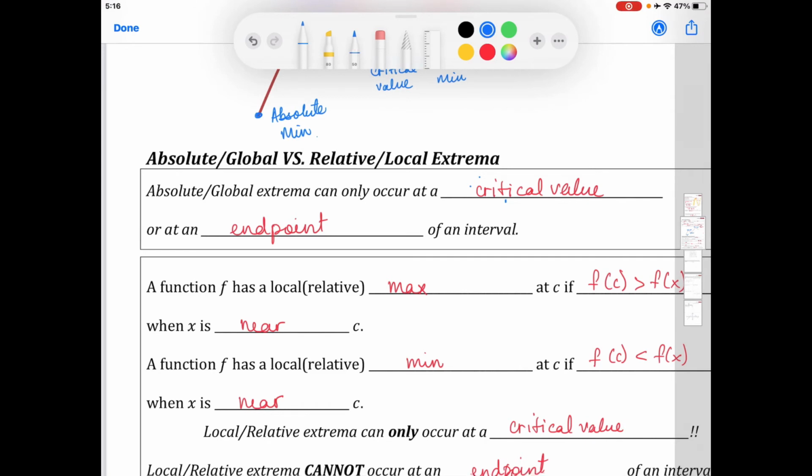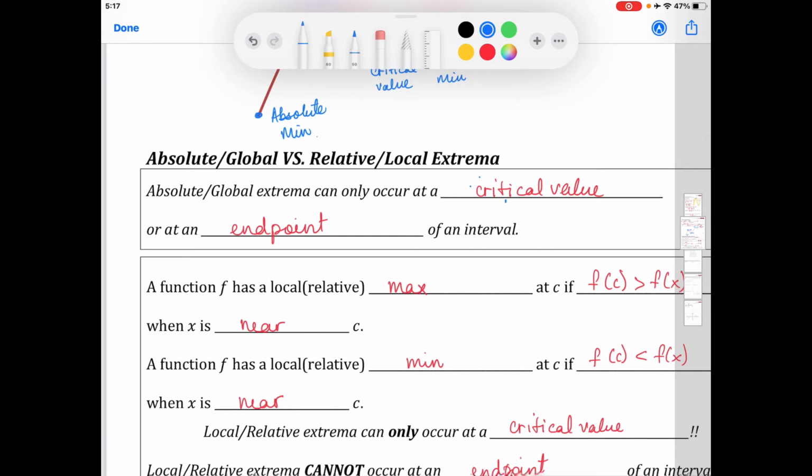So I will be mostly using absolute and relative. It doesn't mean that you would not see global and local. Also, there is the same thing for absolute and relative. So absolute global extrema can only occur at a critical value or at an endpoint of an interval.